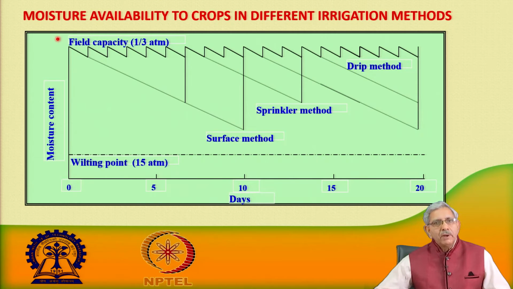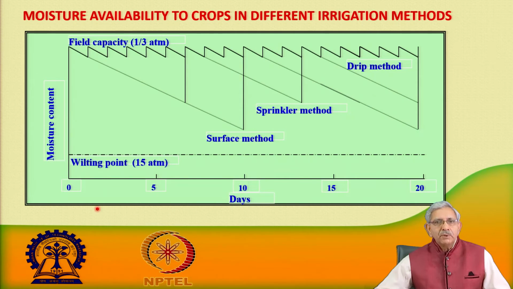Now, when we are applying irrigation, the moisture content is on the ordinate, the y axis, and the days of irrigation, that is the irrigation interval, on the x axis. We are taking 3 methods of water application: surface irrigation, sprinkler irrigation, and the drip method of irrigation.